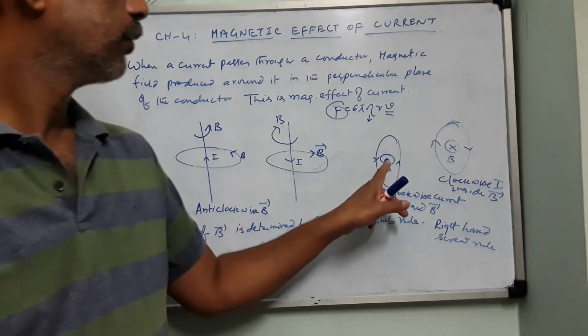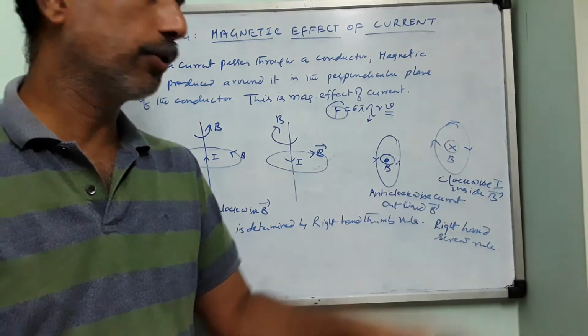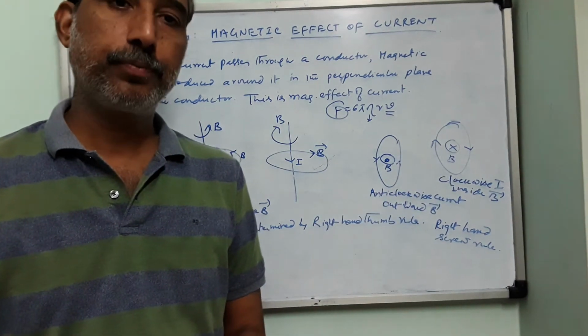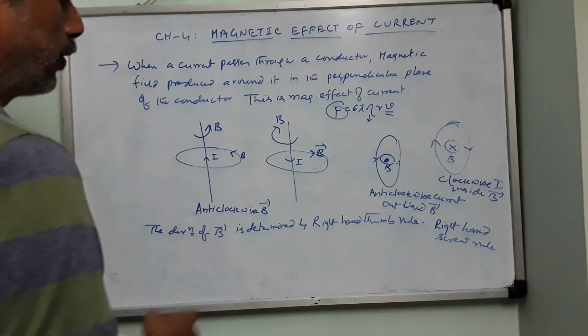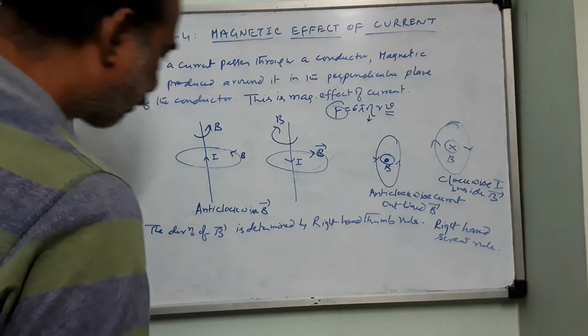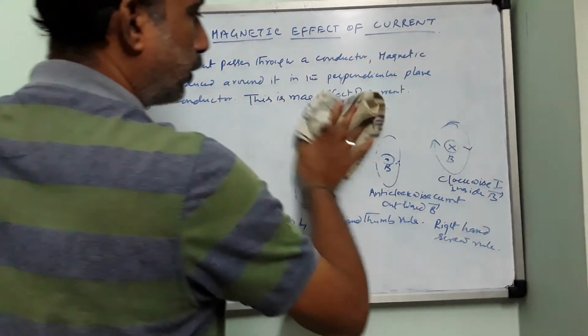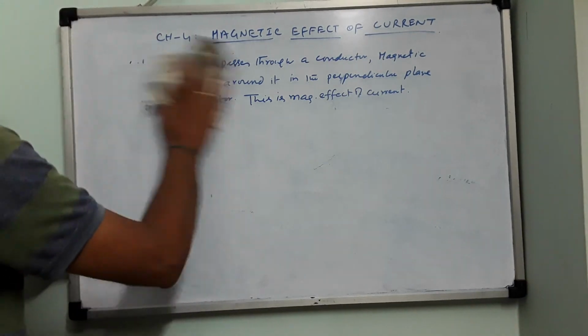Same is this one. So this is the center of the coil and this is the axis of the coil. Along the axis, how will the magnetic field change? So for these two conductors, we have two rules. For this we use Ampere circuital law. For this we use Biot-Savart's law. So these two laws will help us to calculate magnetic field due to a current carrying conductor.